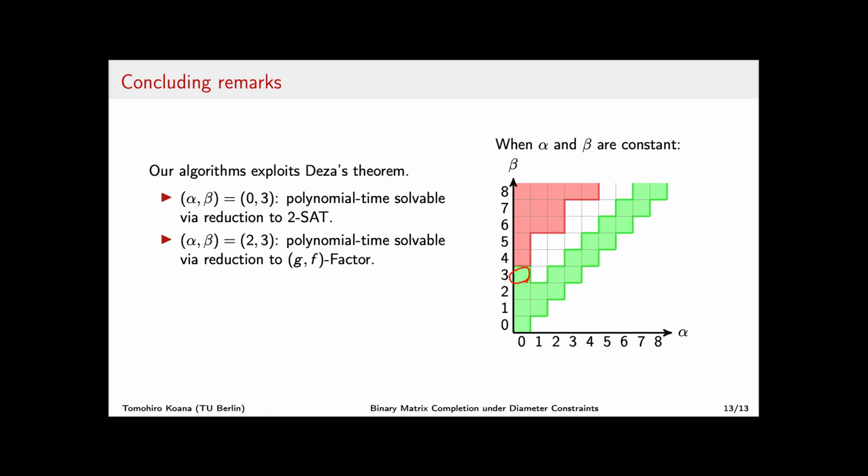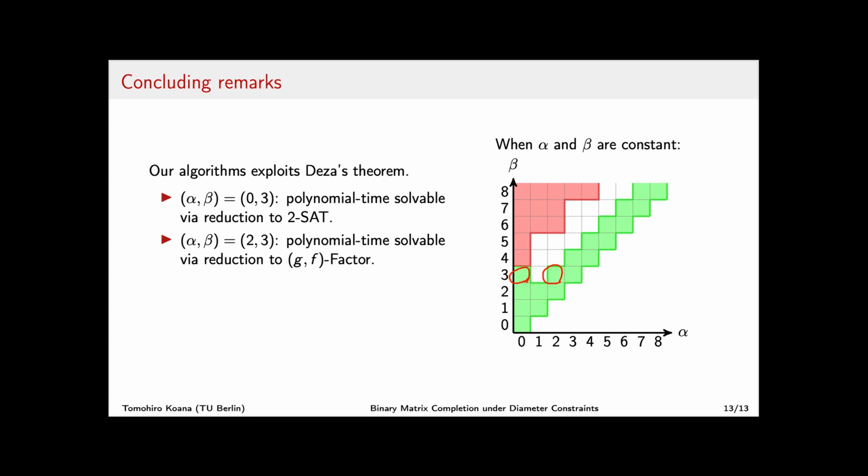In a similar way, we also show that when alpha is equal to 2 and beta is equal to 3, after exploiting Deza's sunflower theorem, we reduced to a GF factor, and then we were able to solve it in polynomial time.